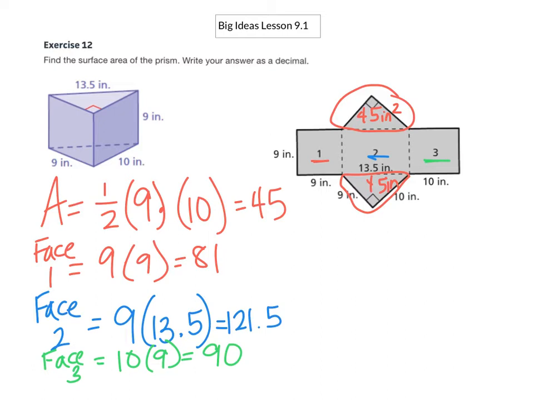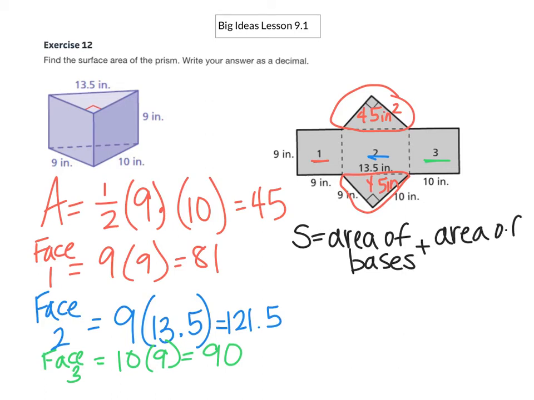When you went through the lesson, you should have heard that the surface area comes from adding the area of the bases and the area of the lateral faces. So in this case, to get the total surface area, we'd be taking our 45 and 45 from the two bases.